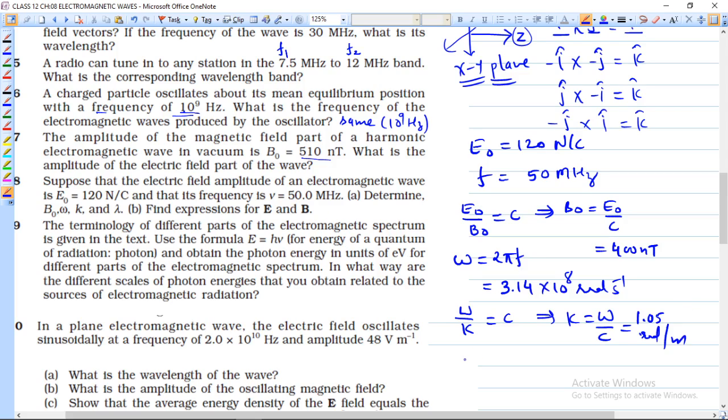Okay, lambda. Now K is equal to 2 pi by lambda, so lambda is equal to 2 pi by K.